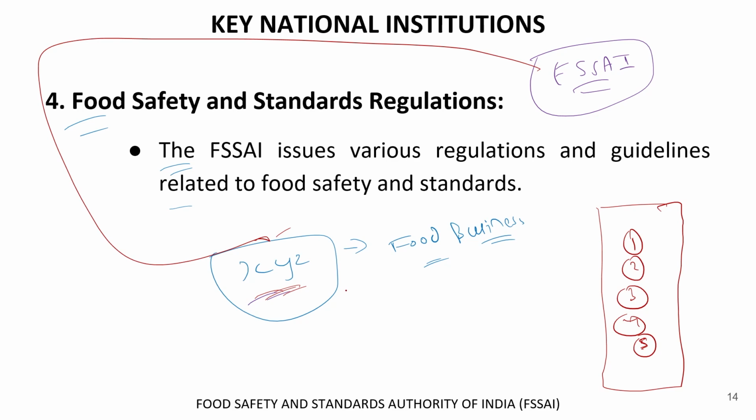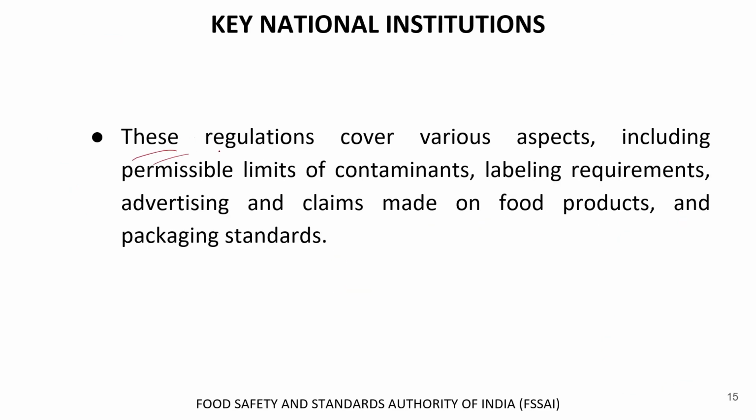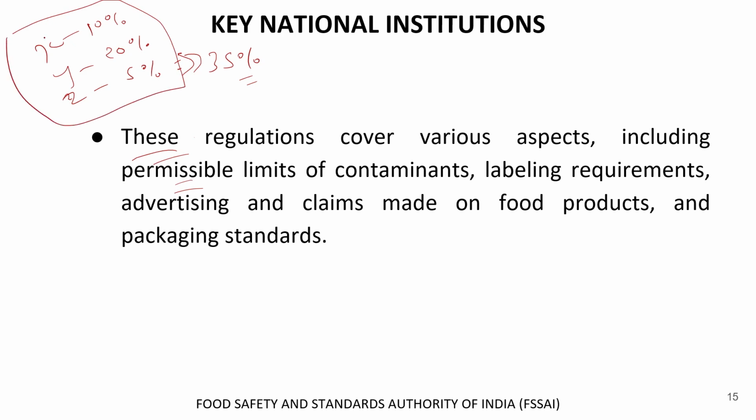Okay, remember this point. These regulations cover various aspects, including permissible limits of contaminants. Like I had told you, suppose there are XYZ contaminants, then their permissible limits are 10%, 20%, and 5%, and the total is 35%. This is how it could be done. It should not be done like X is 20%, Y is 5%, and Z is 10%.